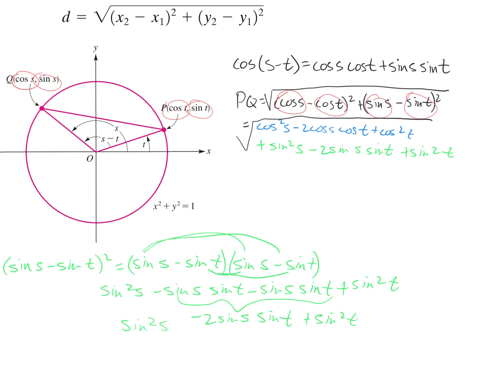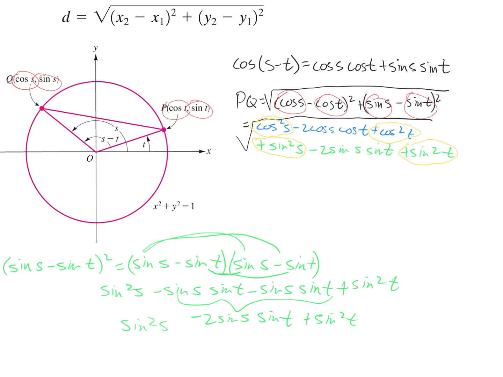So what can we notice here? Well, we can condense this a little bit, thankfully. Look at this: cosine squared s plus sine squared s is equal to 1. And cosine squared t plus sine squared t is also equal to 1. So 1 plus 1 is 2.